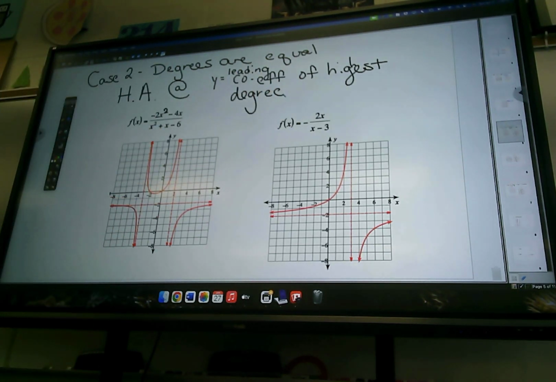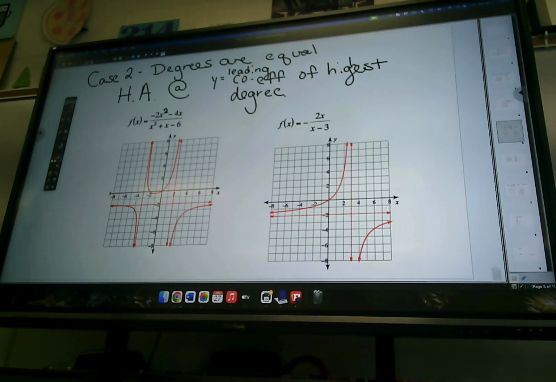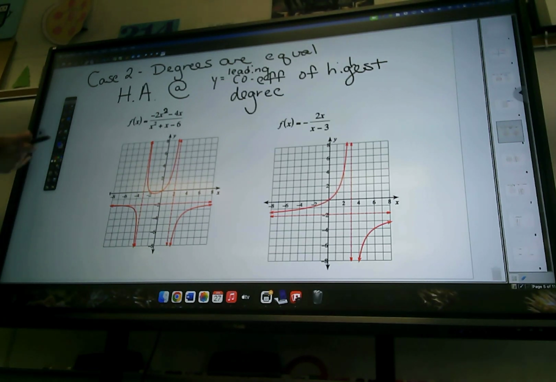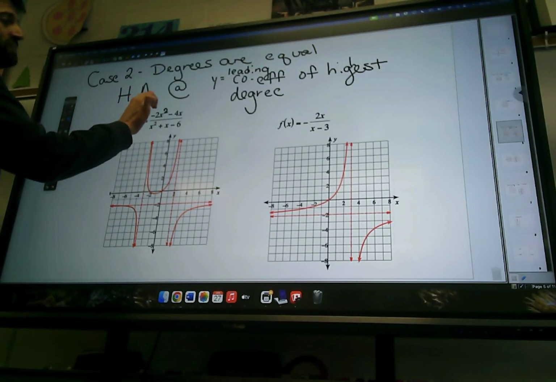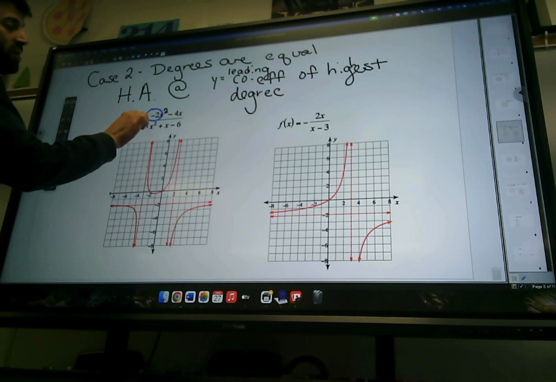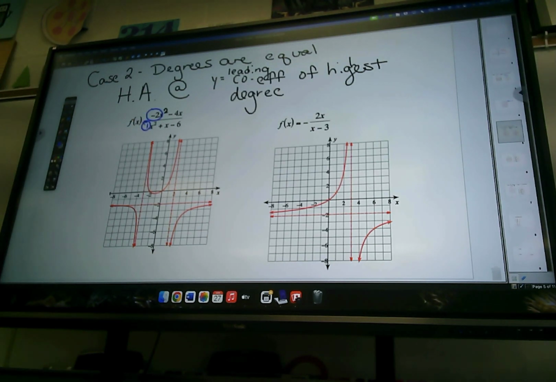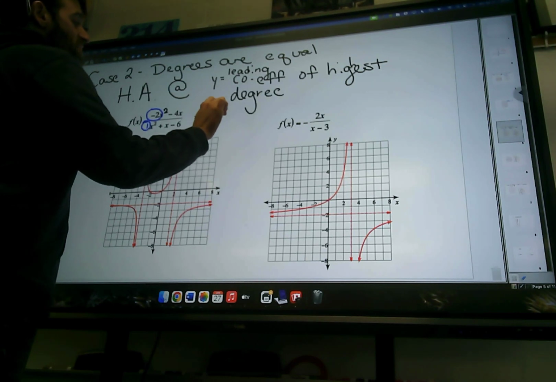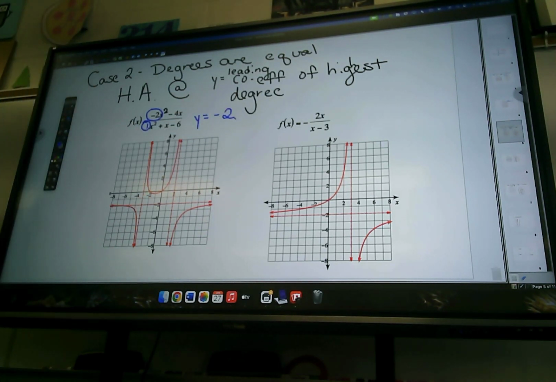Now, in this first one, it is negative 2x squared minus 4x all over x squared plus x minus 6. The degrees are equal because the degree of the top is 2 and the degree of the bottom is 2. So all I'm going to do is find the highest degree, which is 2, and circle the coefficient. Remember, if it isn't written there, it is 1. So this horizontal asymptote is going to be at y equals negative 2.